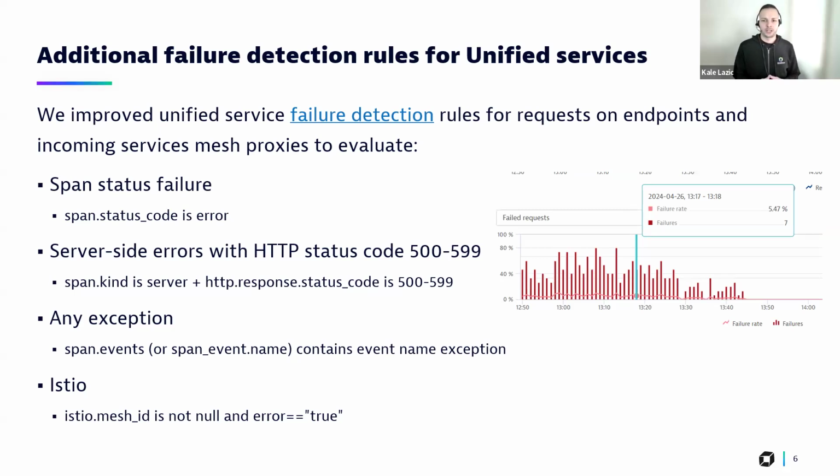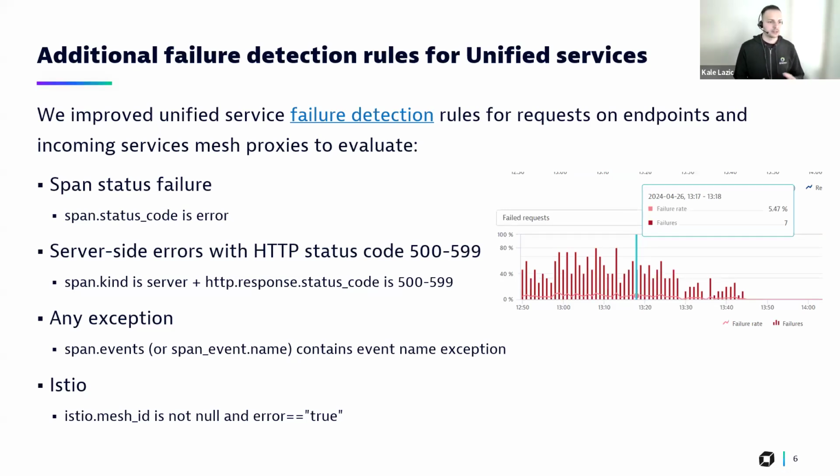Now we have a more advanced detection logic for failed requests. So it's detected not only based on the span status code, but also on other dimensions. For example, the span kind, if it's server, and if the HTTP response status code is in the range between 500 and 599.